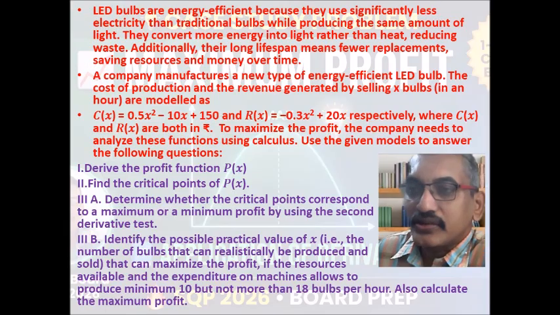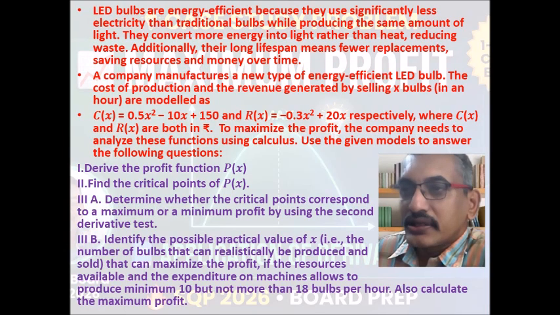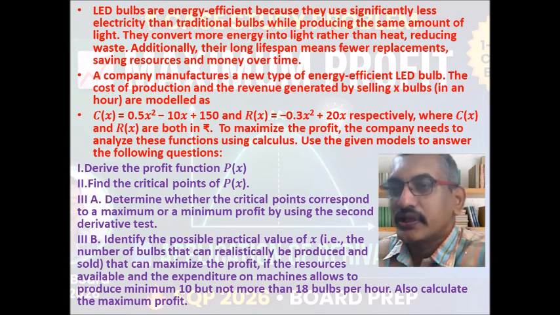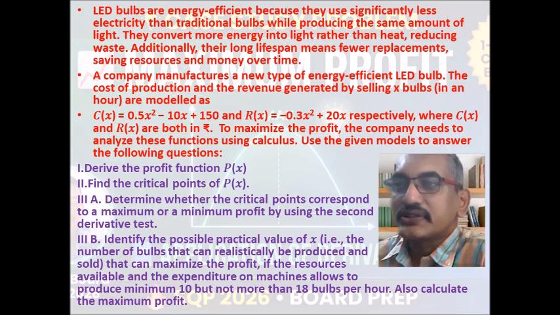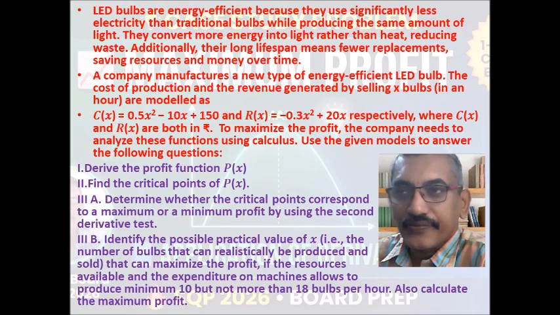That is, one is the cost of the production and the next is the revenue generated, where C(x) and R(x) are both in rupees. To maximize the profit, the company needs to analyze these functions using calculus. Use the given models to answer the following questions.